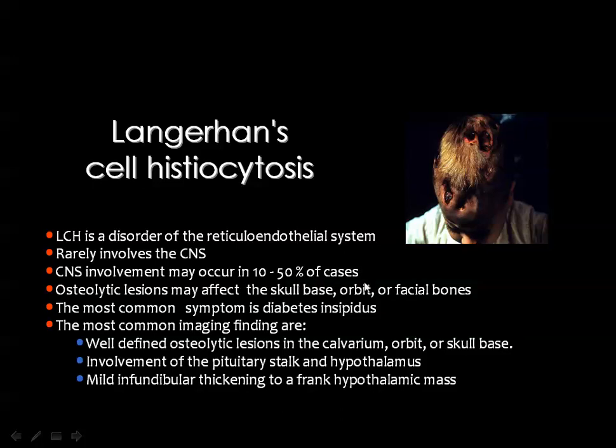In about 10 to 50% of cases, the lesion usually affects the skeleton, and it will present with multiple geographic osteolytic lesions affecting the calvarial bones, the skull base, the petrous bone, orbits, and the facial bones.